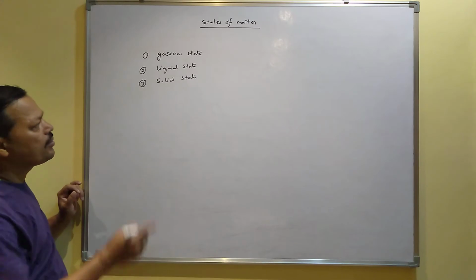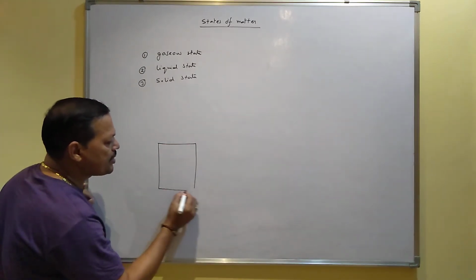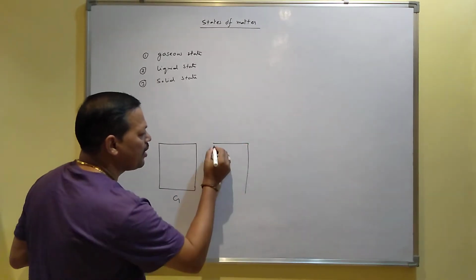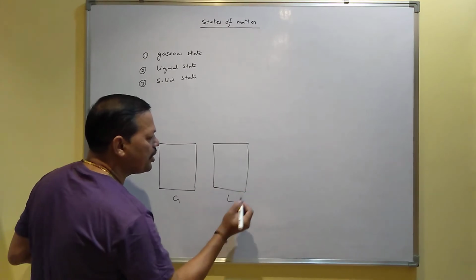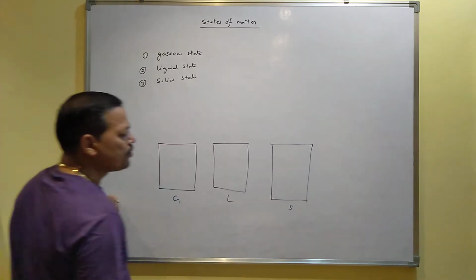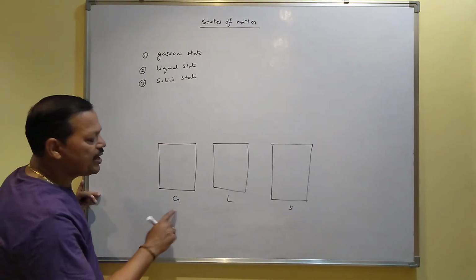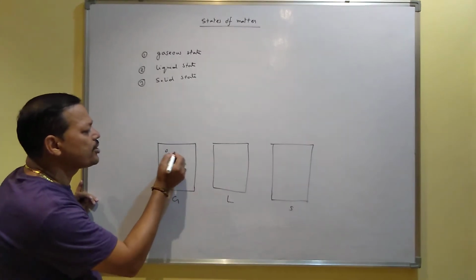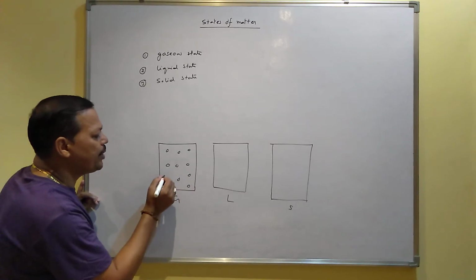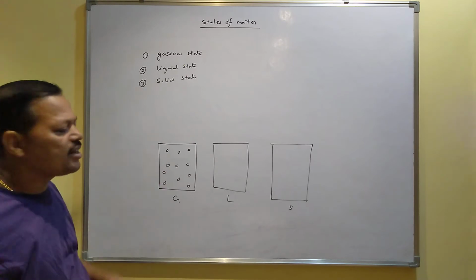And the basic difference between the gaseous state, liquid state and the solid state is, suppose this container contains gas and this container contains liquid and this is suppose your solid state. So the main point of difference between these three states of matter is, in case of gaseous state, the molecules present inside the gas have no force of attraction in between them, or only a negligible force of attraction, and that is why the molecules freely move inside the container.